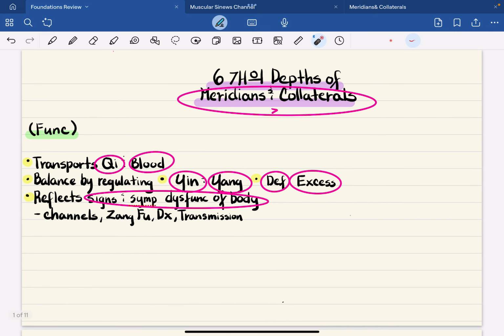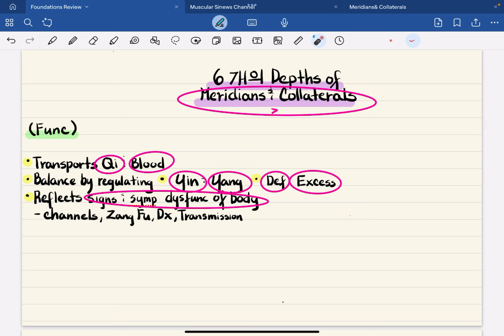So the functions of the meridians and collaterals, the best way to remember this is when we are thinking about fundamentals of Chinese medicine, right? We think about the functions of the qi and blood together, the yin and yang together, and the deficiency and excess.